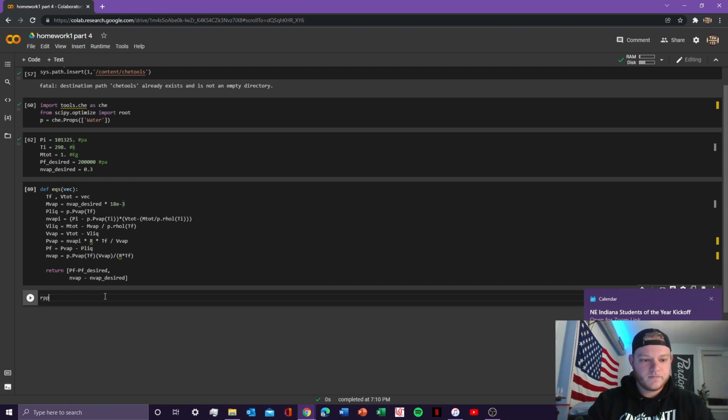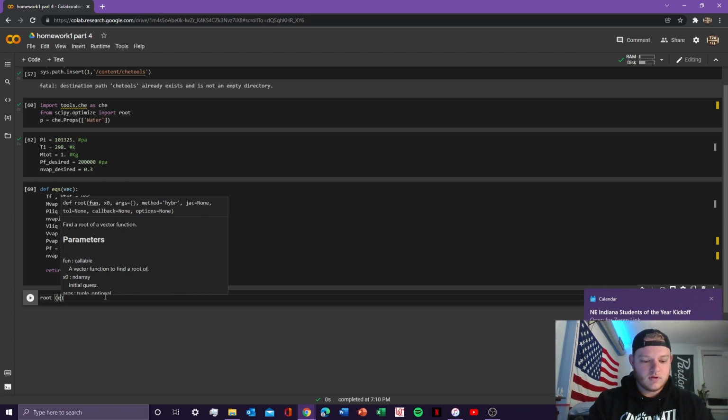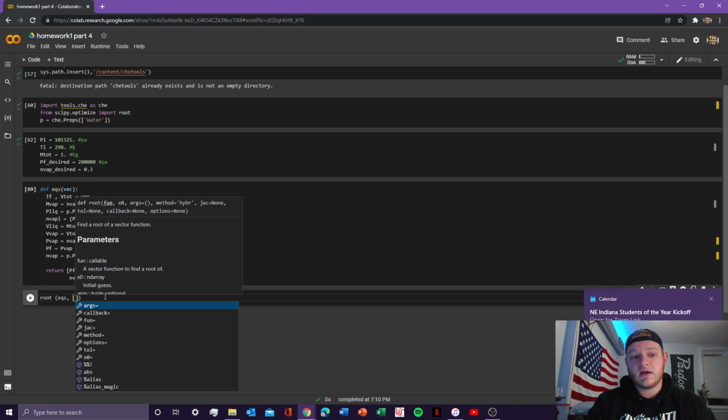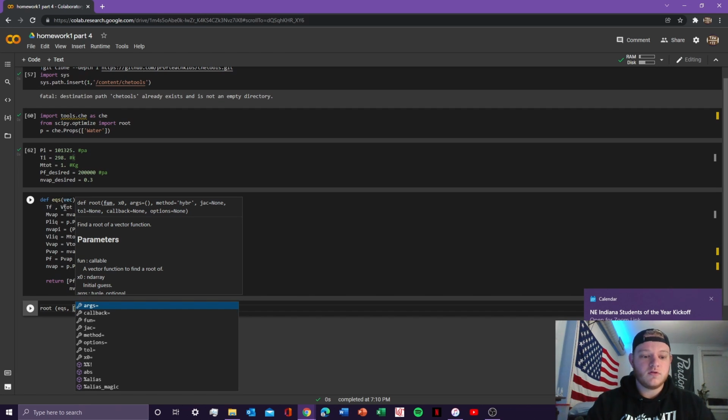So the root of the equation vector, then we need to make an initial guess for the two variables we're pulling out, final temperature and total volume.